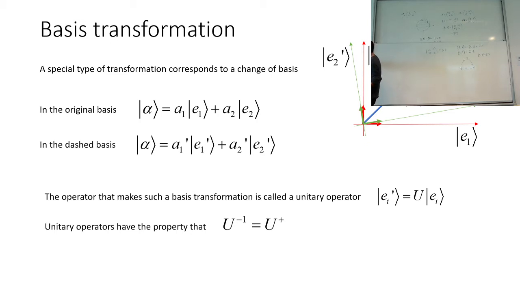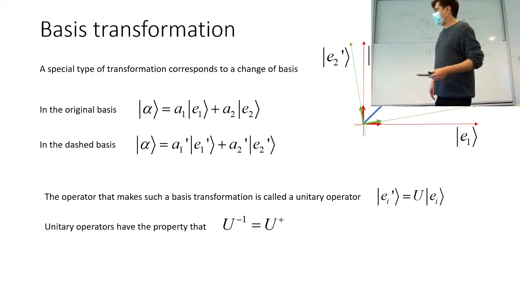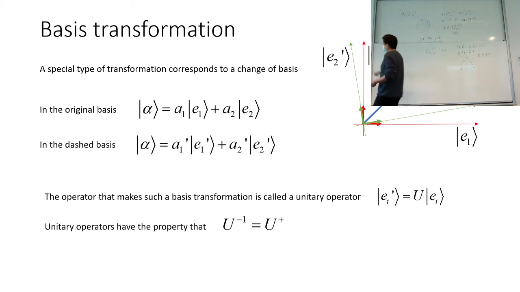Okay? And so this operator will work for any of the unit vectors, and this is called a unitary operator because after all, these things, the ones in the green, they have to also be unit vectors, right?